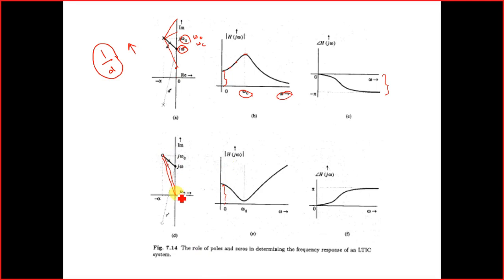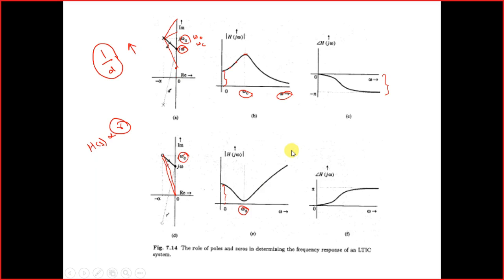Now as you go towards omega 0, the distance is reducing, and we know that H(s) is directly proportional to the distance of the zeros to the frequency component. So it reaches a minima at omega 0 and then it increases.